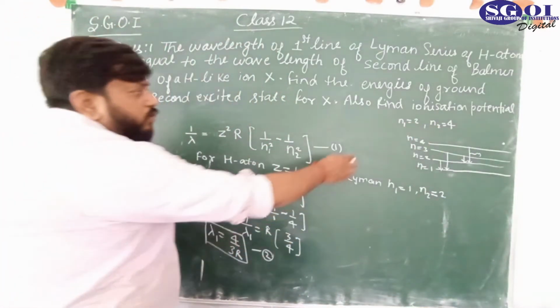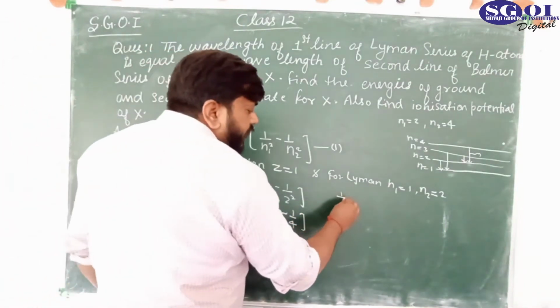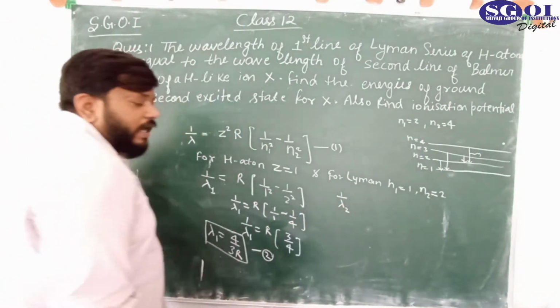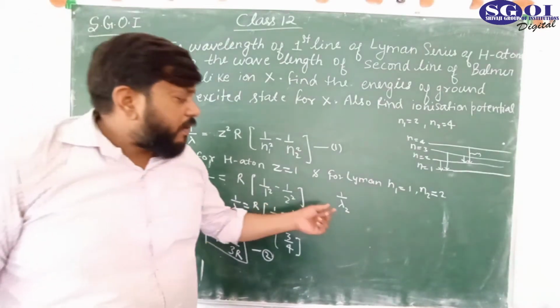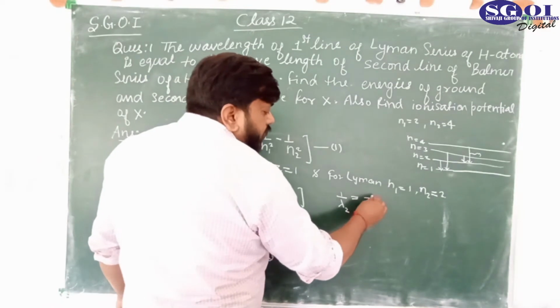So put these values in this equation. 1 by lambda 2 is the second line of the Balmer, and it is equal to Z square R, because Z is not given.